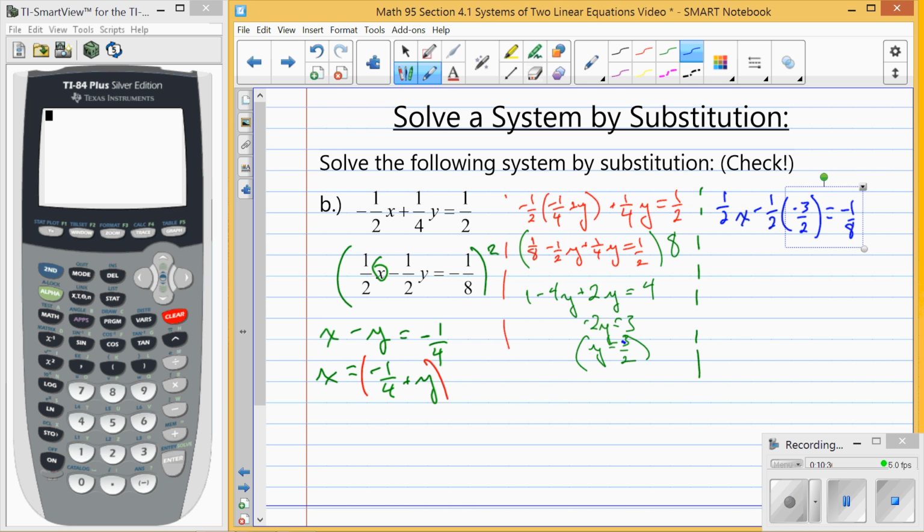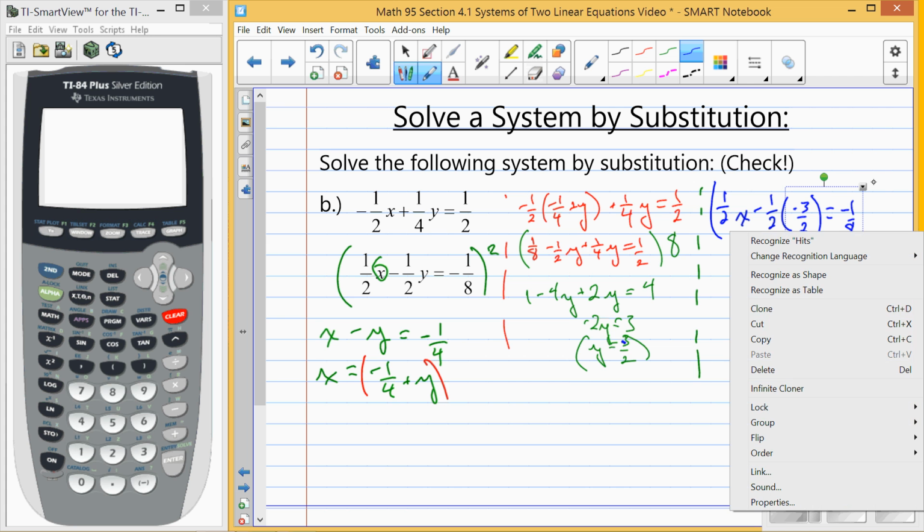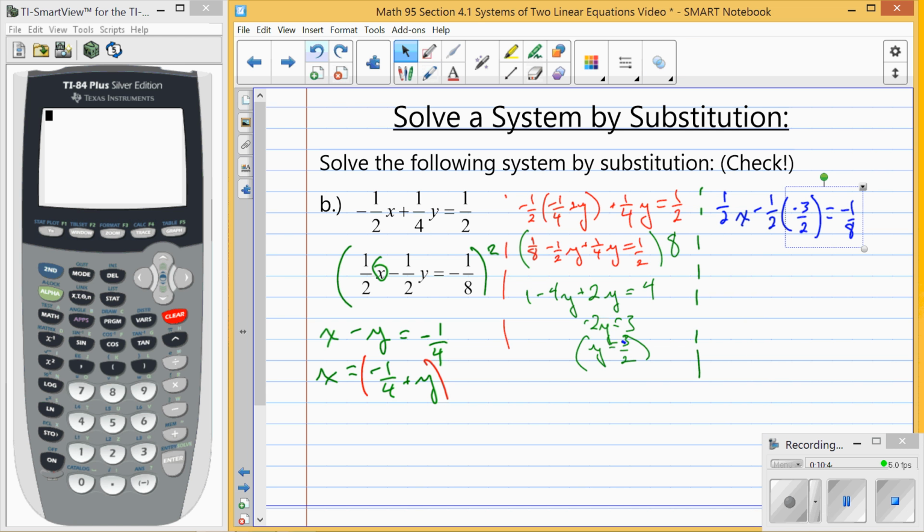Again, we can clear our fractions if we'd like to. Multiply everything. Actually, before we do that, let's multiply here. Get my pen back. 1/2 x. Negative times a negative is a positive. That'll be 3/4 equals -1/8.